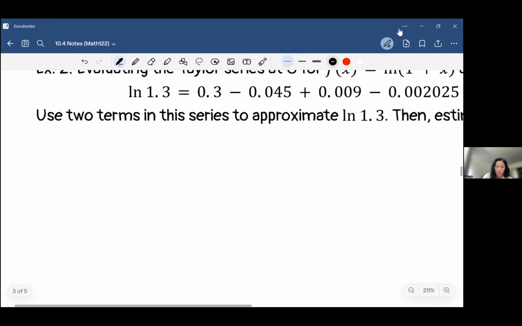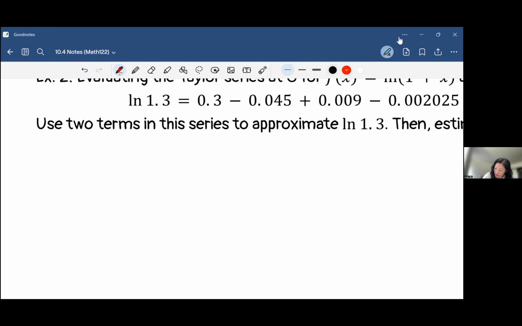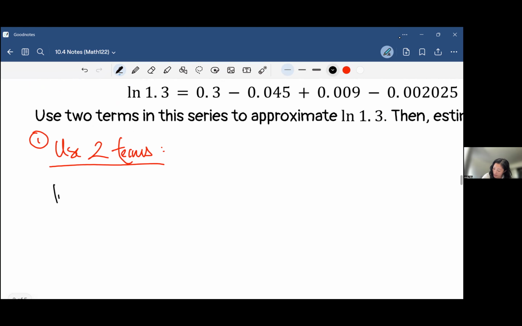Okay, so for our approximation, what we're going to do is use two terms to approximate. In other words, ln of 1.3 equals 0.3 minus 0.045. That's what they give us.